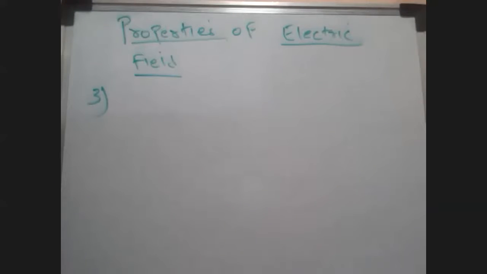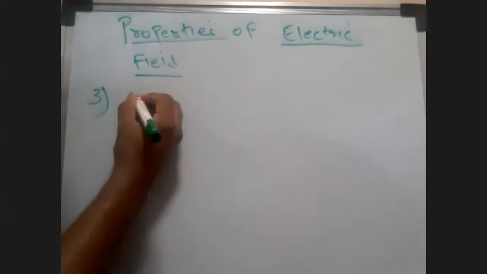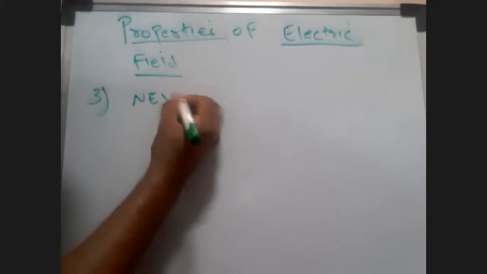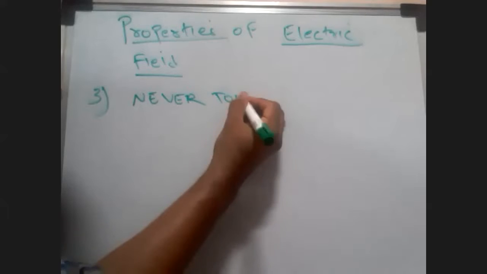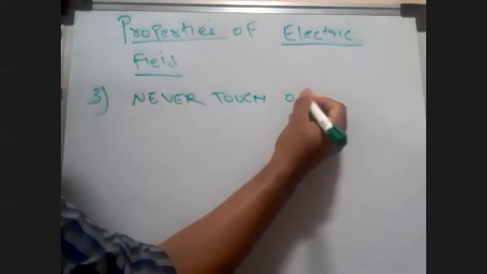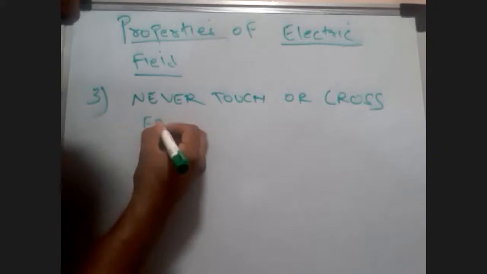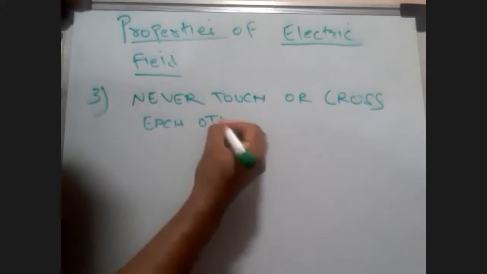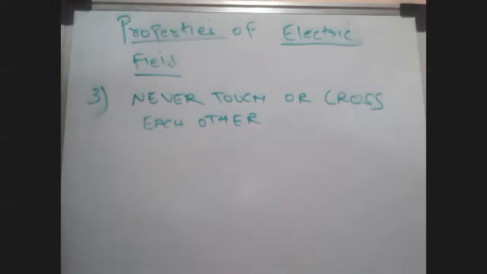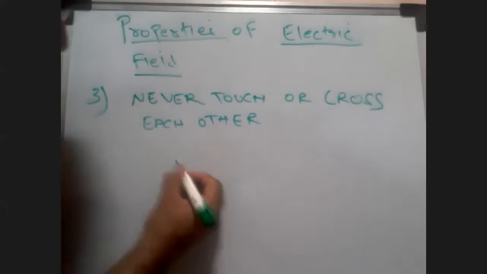Electric field lines will never touch or cross each other, and I'll tell you the reason why. Suppose you have electric field lines touching each other like this.